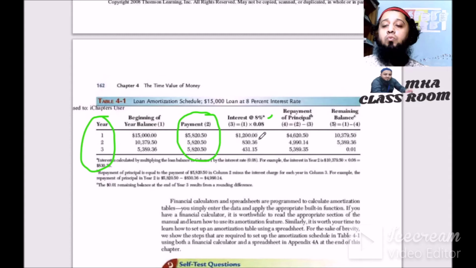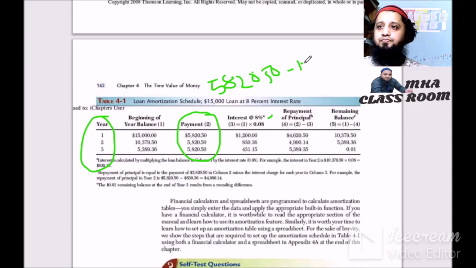If you subtract this interest from our payment, then we get the repayment of principal. So the repayment of principal can be found: 5,820.50 minus 1,200.